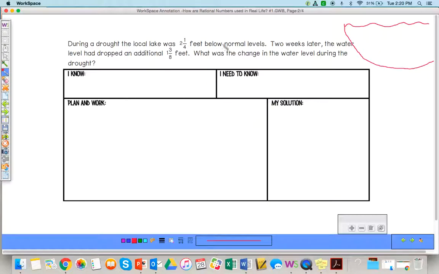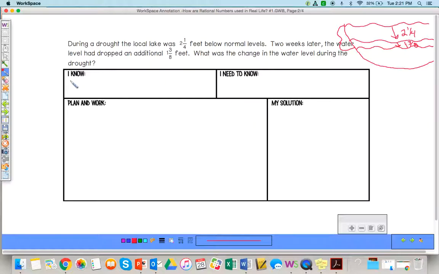So during a drought, it drops to this level, and that is 2.25 feet. Then it drops down here, and when it drops to here, it is 1 3/8 feet. Okay, so we want to know in this problem, how far did it drop altogether?